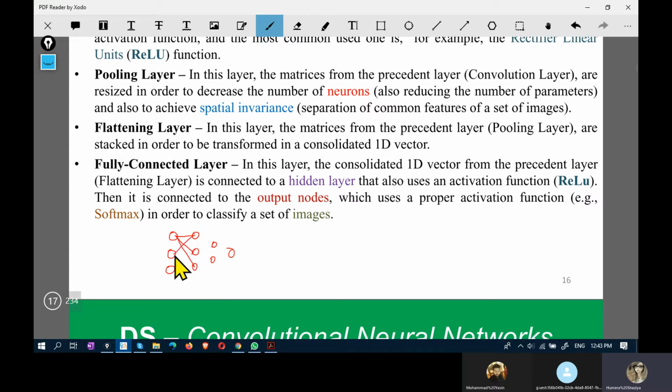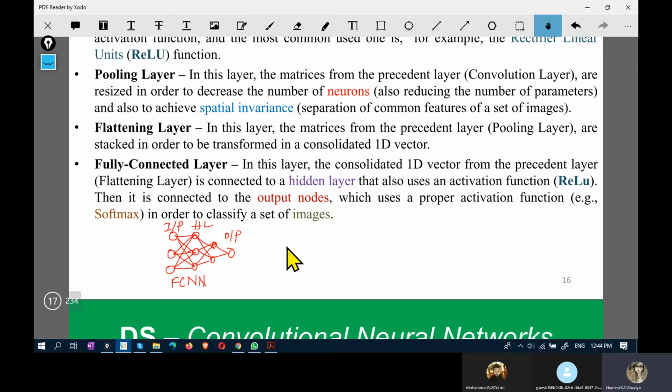This node is connected to all the nodes in the subsequent layer, and likewise all are connected to all. This is known as fully connected neural network. In this you have only input layer, output layer, and hidden layers in this type of network.